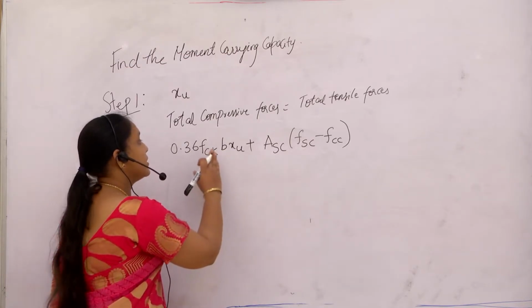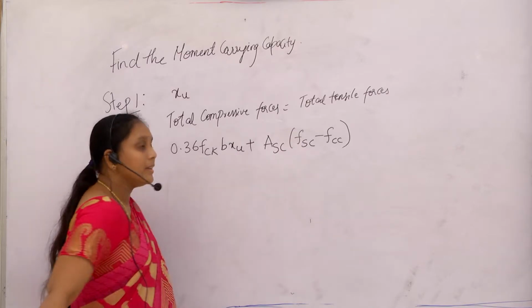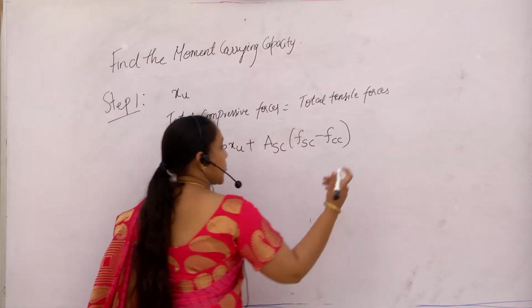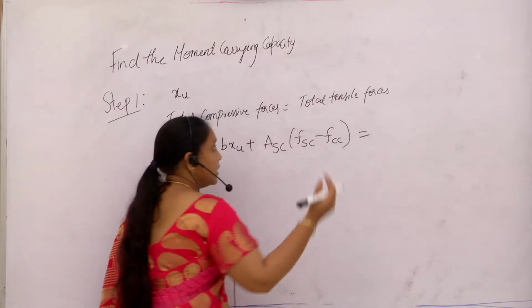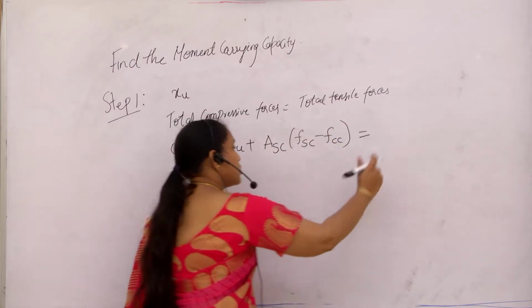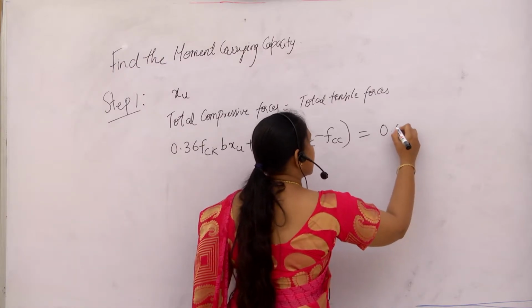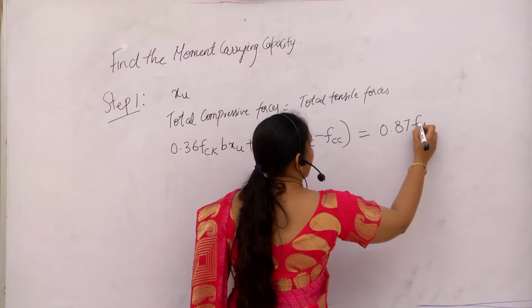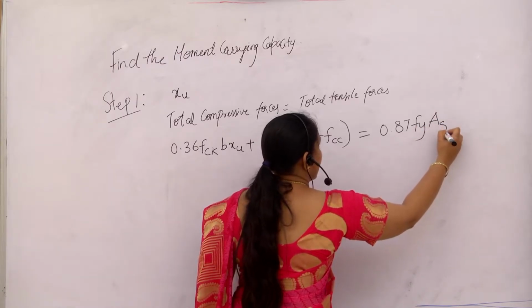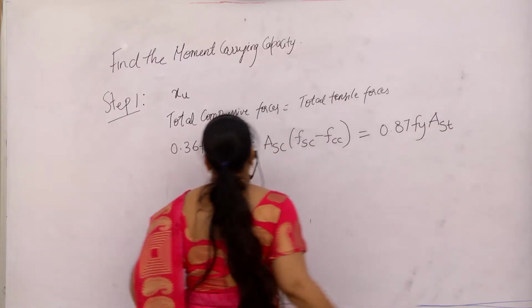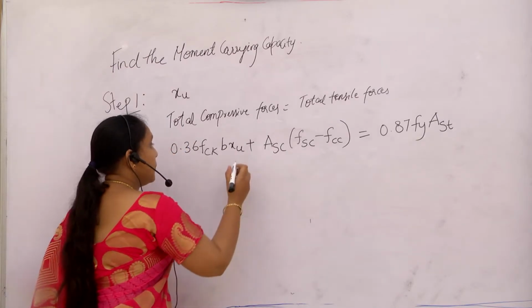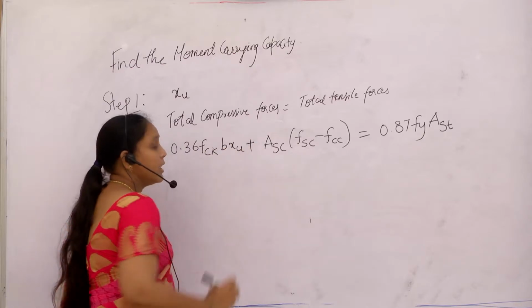That is 0.36 FCK B into XU plus AC into FSC minus FCC will be equal to the total tensile forces. So what will be the total tensile forces? It will be 0.87 Fy into AST. So from this you can find out the value of XU.